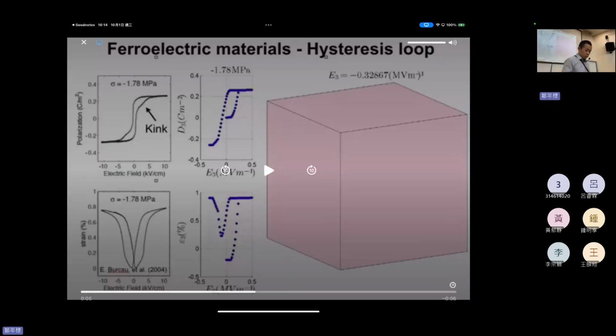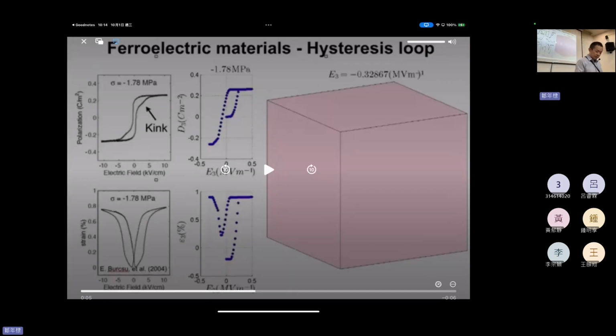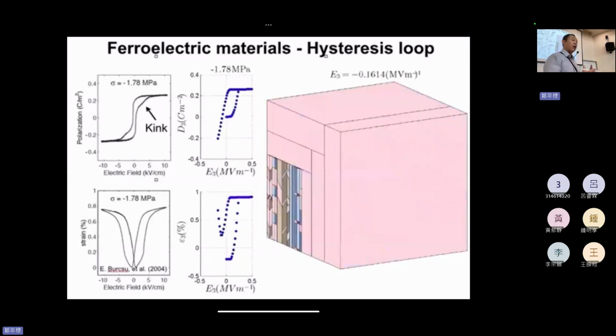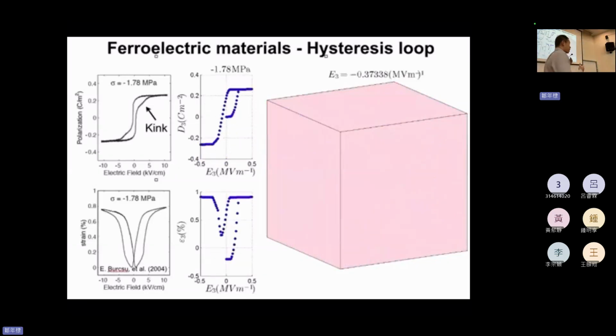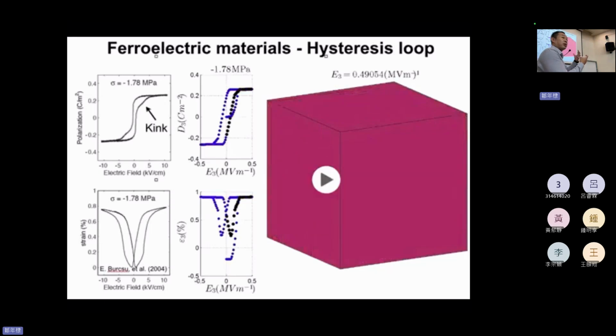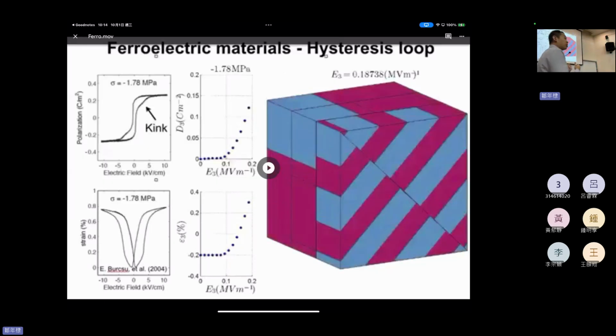All right. So you can see that at the beginning there are a lot of domains, and then after the electric field is applied, it will make the domains eat each other. You see? So you can see the interface changing, moving.